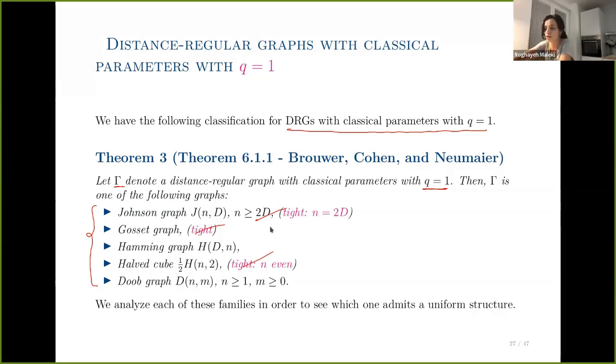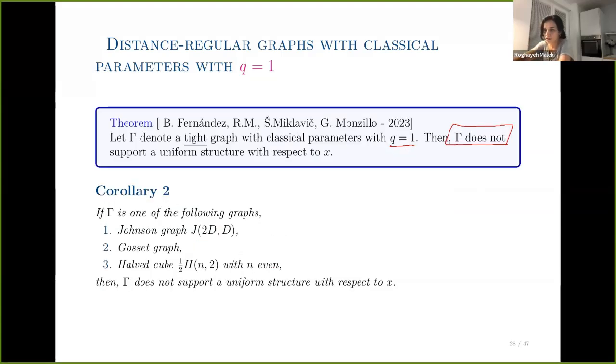We are left with few cases that we check separately. So this is our corollary that says if Gamma is one of these families of graphs, then it doesn't support a uniform structure just because it is tight, and we already proved that a tight graph does not support a uniform structure.